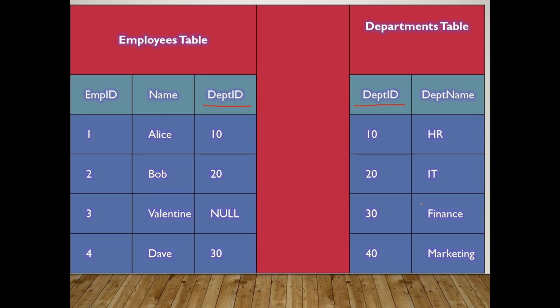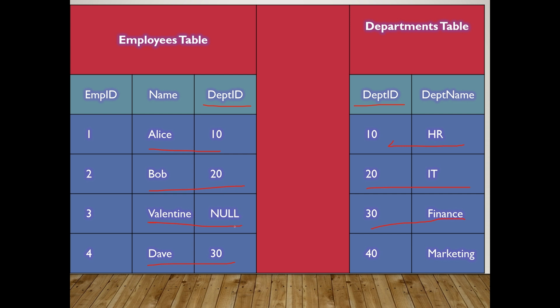So let's say Alice works in HR, Bob works in IT, and Dave in Finance, and Valentine doesn't have a department assigned.